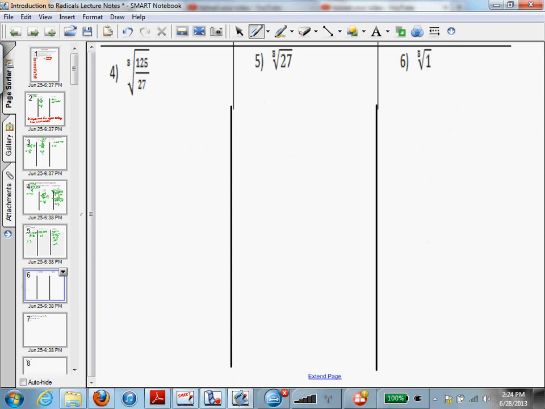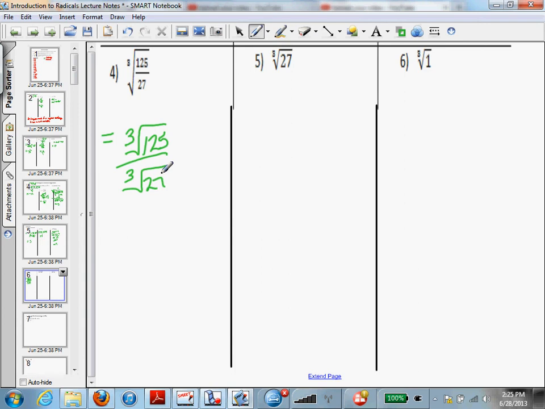With some other higher roots, I believe this is part of a different section. These are some more cube roots, if you want to look at these. The cube root of the fraction 125 over 27, you could break this into 2 separate pieces: the cube root of 125 over the cube root of 27.